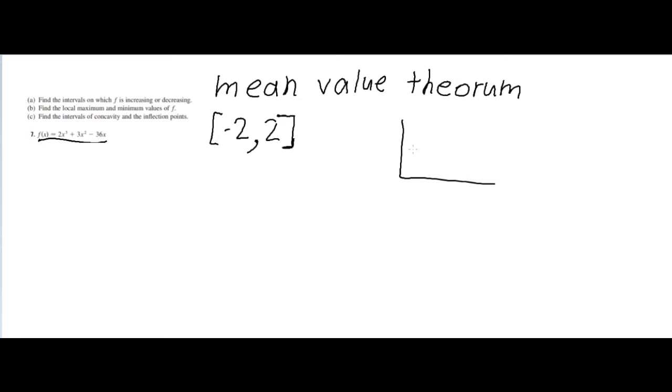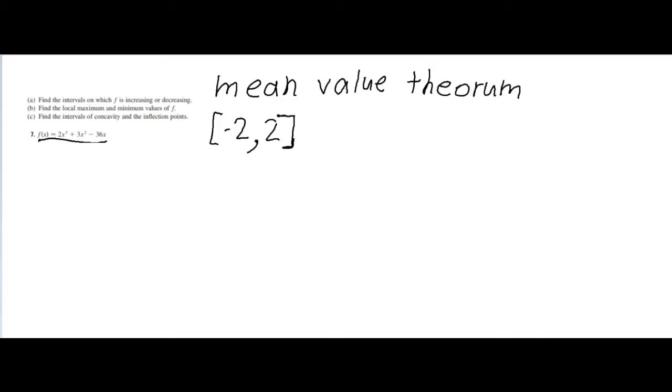So what that means is if we have a graph that's like this, the slope right here, in order to achieve that slope, we need to have a slope similar, actually identical to the slope right here. So right here it'd be right there. You see that? That's what it would look like on a graph.